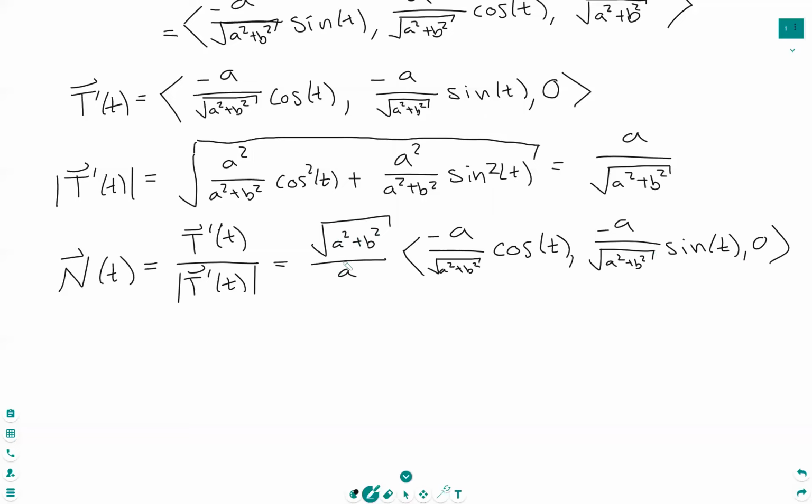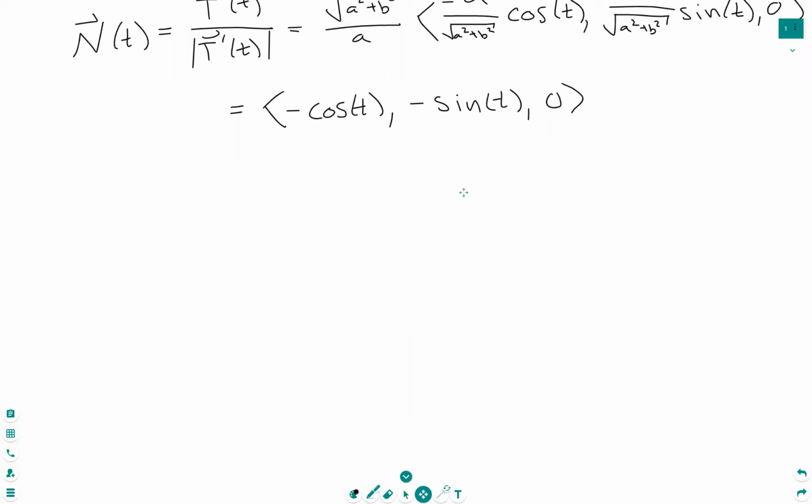So if I bring out this coefficient into all my terms here, I just end up with negative cosine of t, negative sine of t, and 0. Pretty cool. We got rid of all those a's and b's.